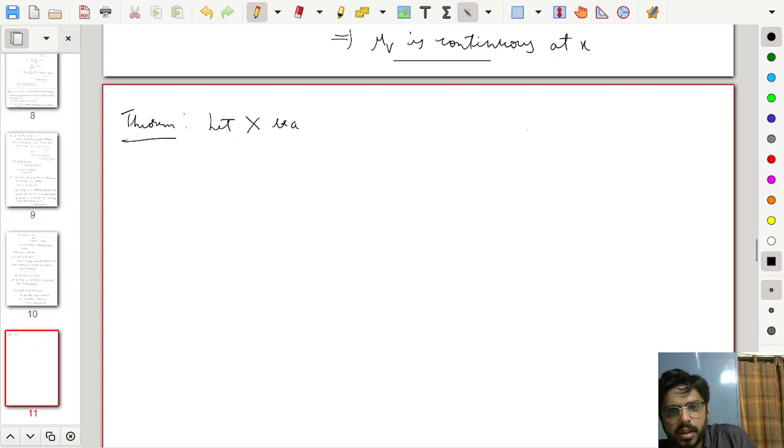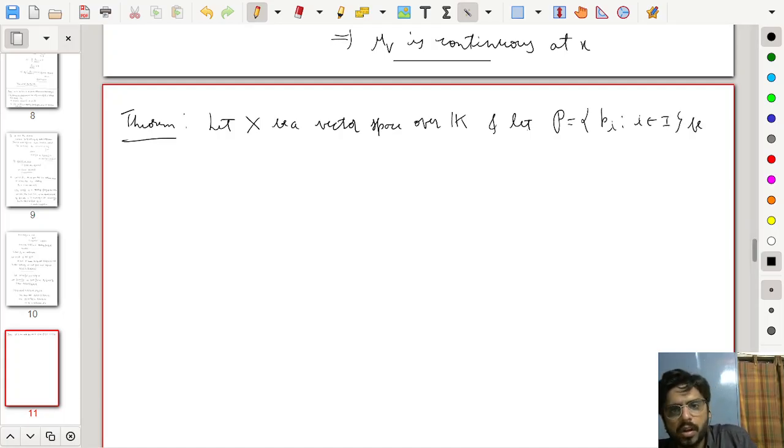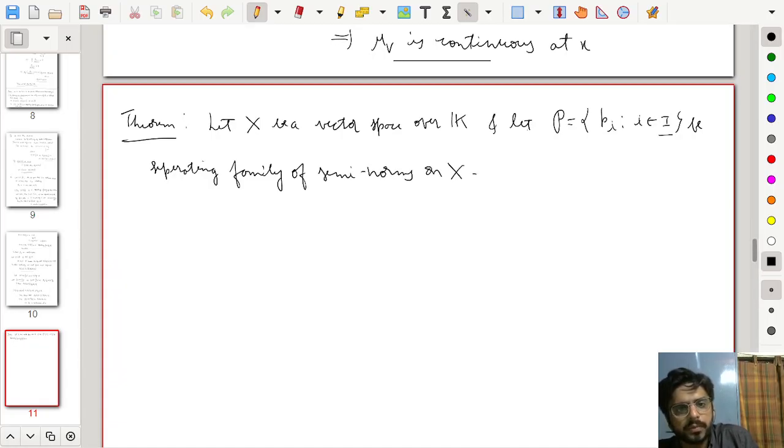Let X be a vector space over K, and let P, this is some family of seminorms, I is the indexing set, it can be anything, be a separating family of seminorms on X. So you are given a vector space over K and you are given a separating family of seminorms on X.